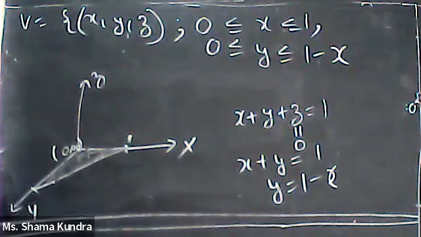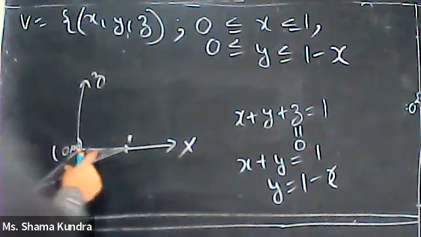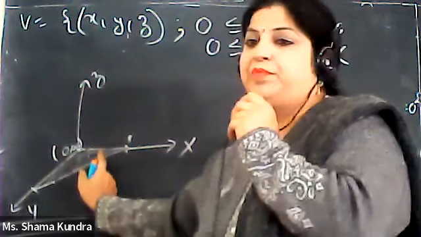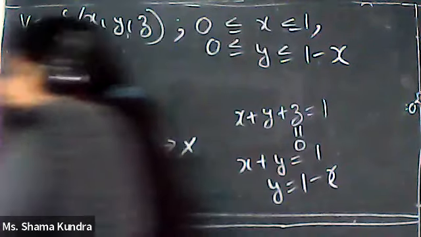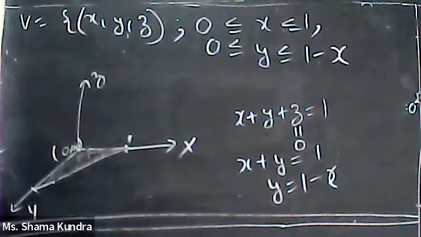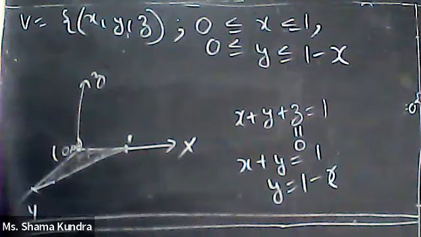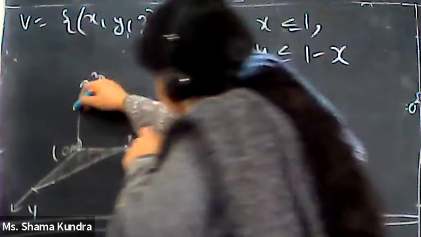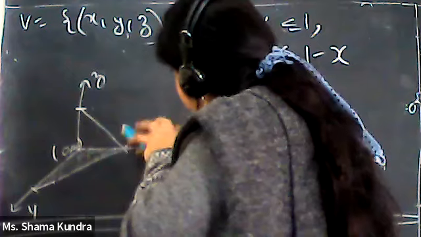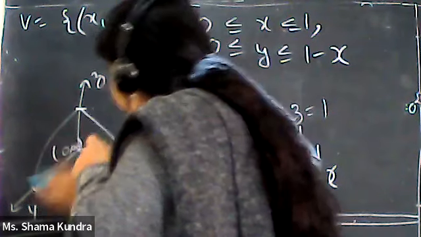When we put y in terms of x, we covered only this much portion. So we get the limit of y from 0 to 1 minus x. Now, the next step is when we put z in terms of x and y.